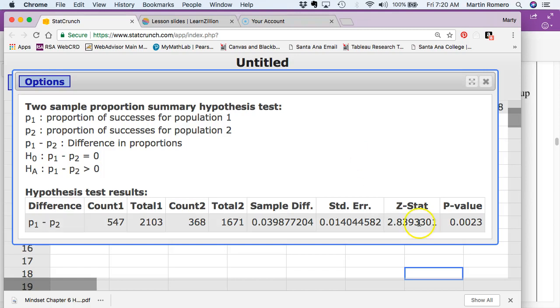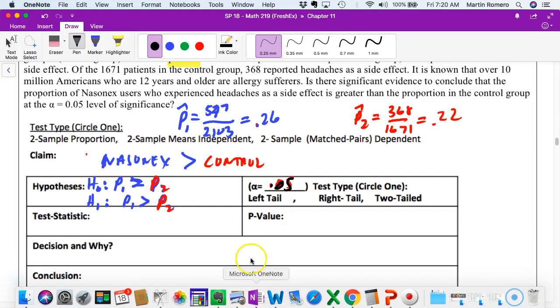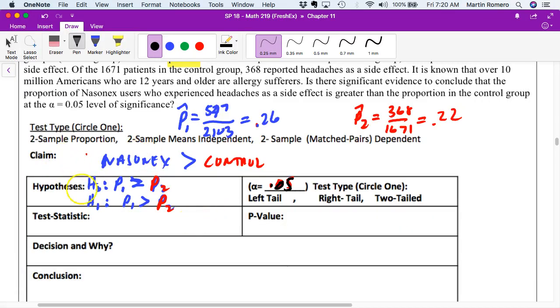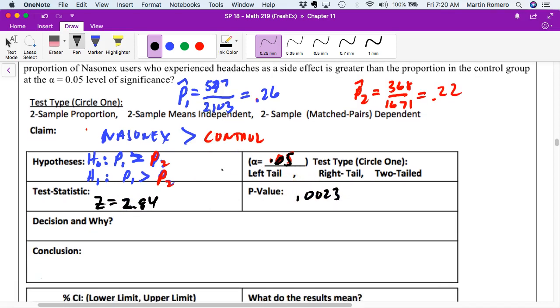Test statistic 2.84 and the p-value is 0.023. So our z value is 2.84. It's a pretty big z, which means it's going to give us a very small p-value. If the p is low, the null must go.